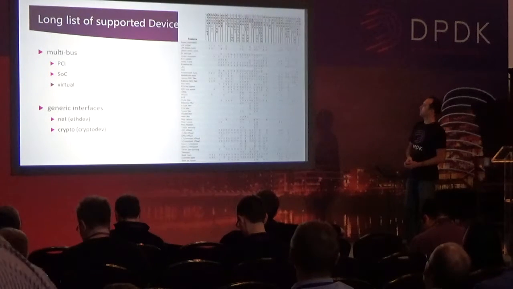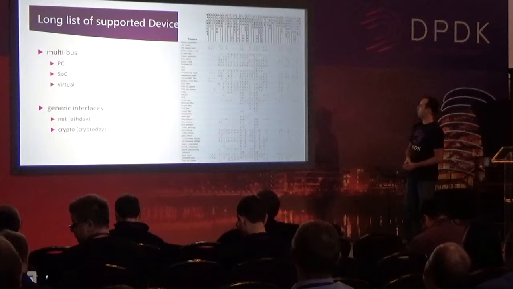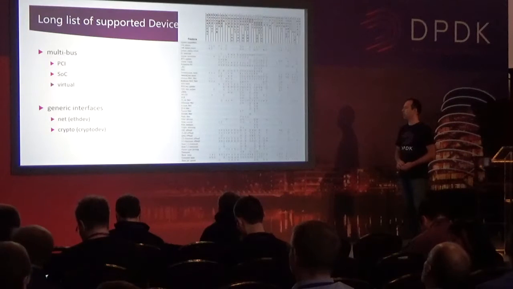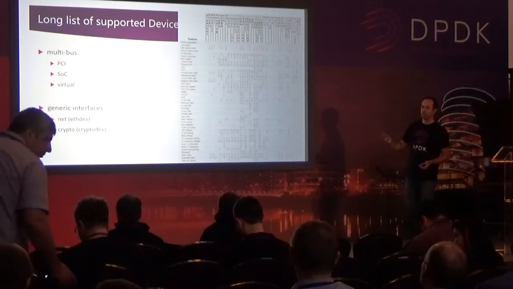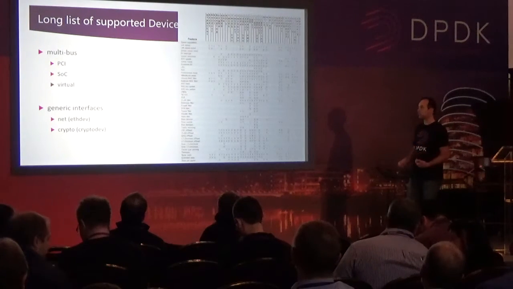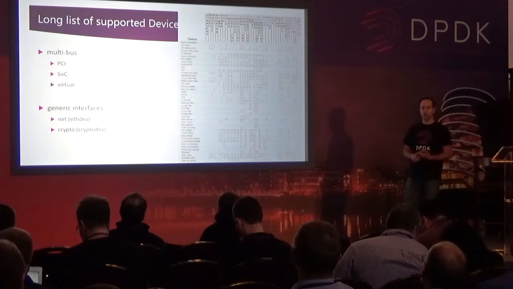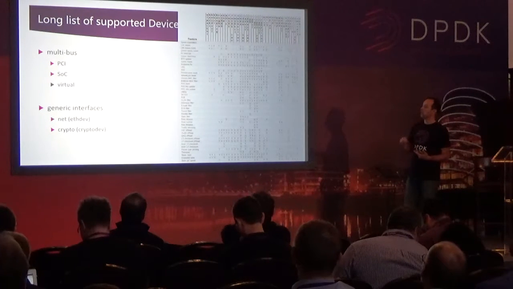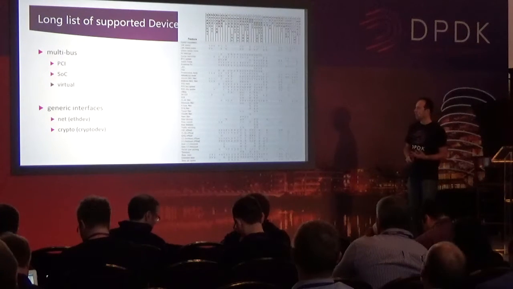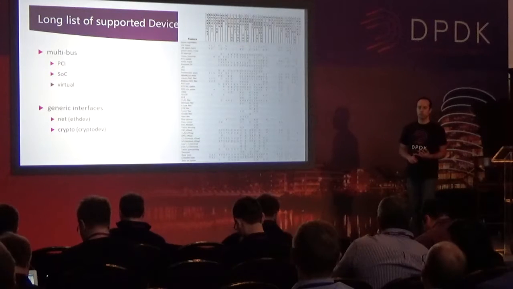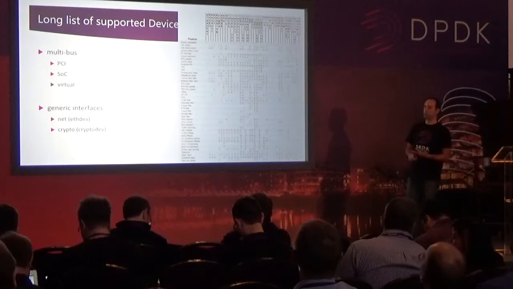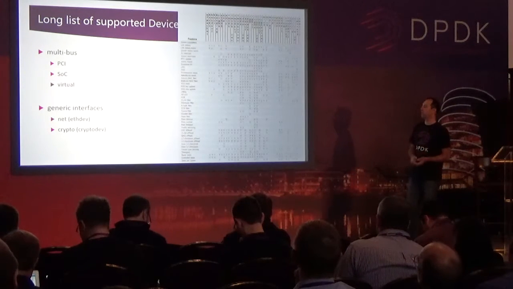This is the list of our drivers and some features implemented in these drivers. There's a lot to say about it. Just the obvious things: currently, we are supporting some PCI drivers and some virtual drivers, and we are going to have some system-on-chip drivers. So the work in progress is to be more generic for the bus, to be agnostic against the bus.